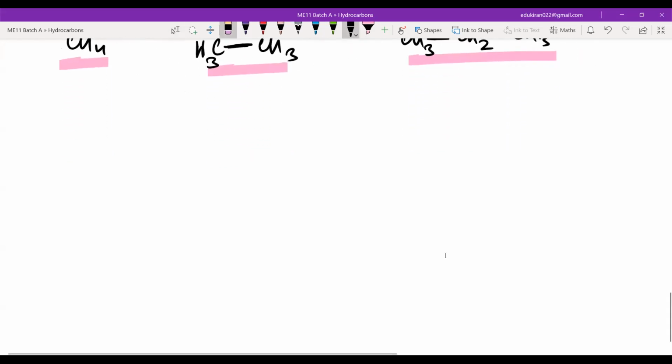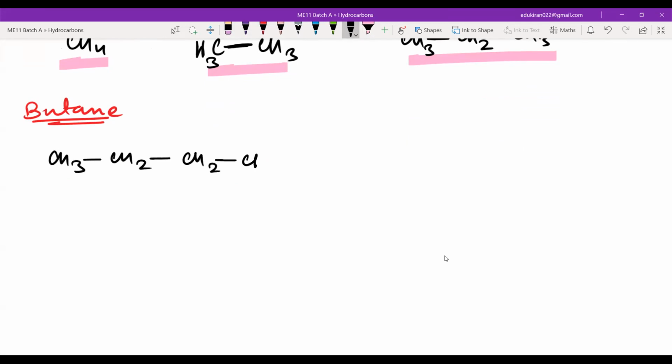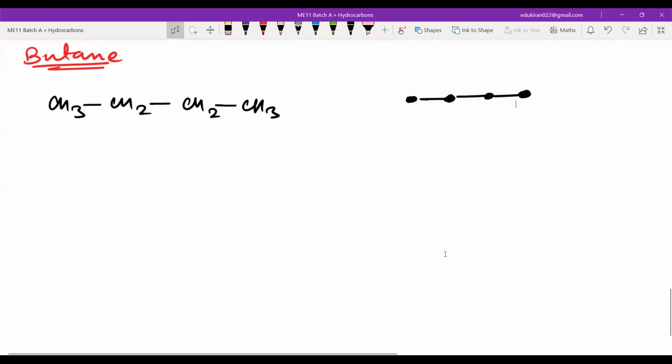Now we have butane, which has chain isomerism. So CH3, CH2, CH2, CH3. Now we have 3 links here.